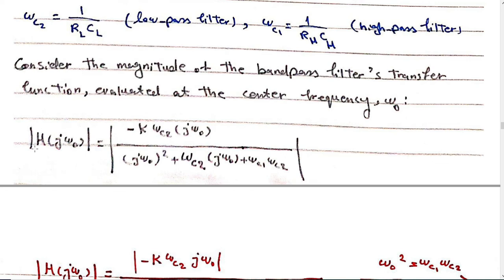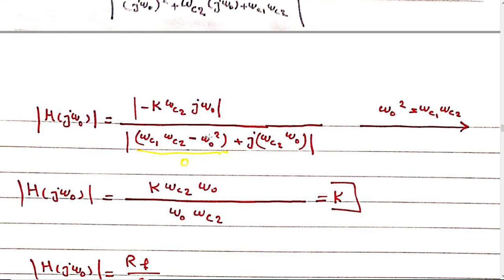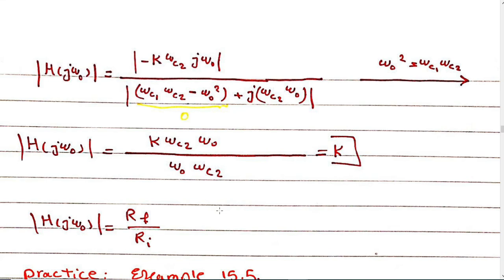And the magnitude of the transfer function at the center frequency, if you calculate from here, will be K. What is K? RF over RI. It means at the center frequency, you will get the maximum value for the transfer function.